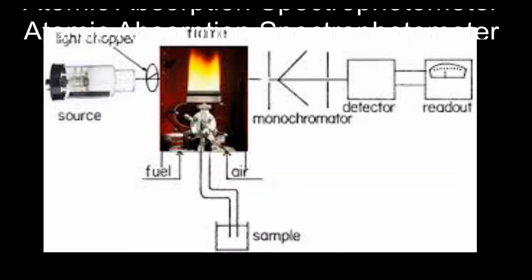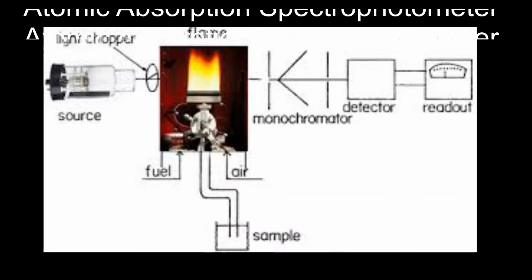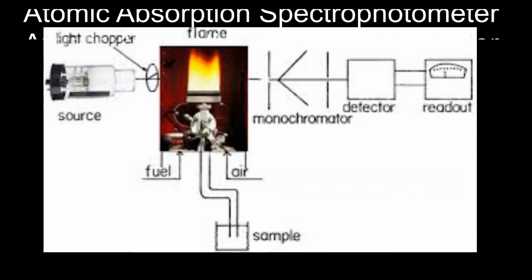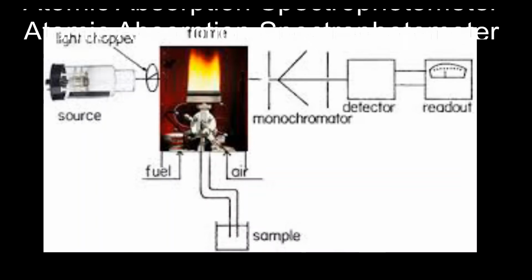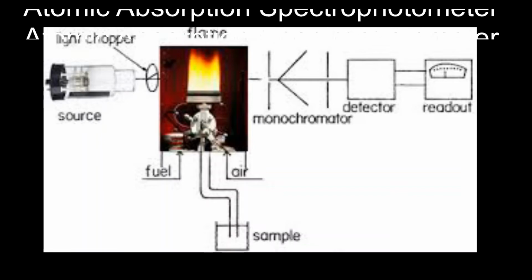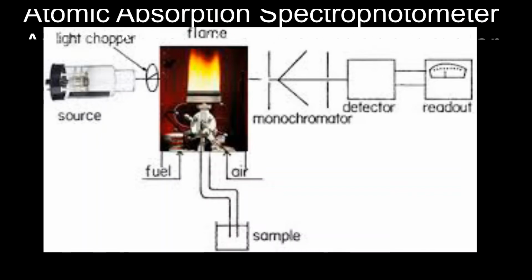The next component is the photomultiplier tube. Each wavelength which is incident on the photocathode of the photomultiplier tube produces an electric current whose magnitude is proportional to the intensity of the incident light. This electric current is then amplified.